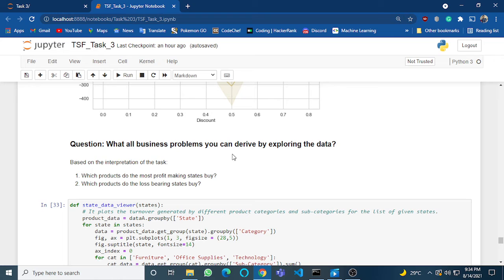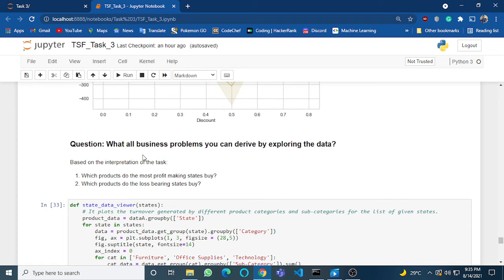So let us analyze the sales of a few random states from each profit bracket, which is high profit, medium profit, low loss, and high loss, and then try to observe some crucial trends which may help us in increasing the sales. Also, there is a question which was asked in the task, and I have to explain it.